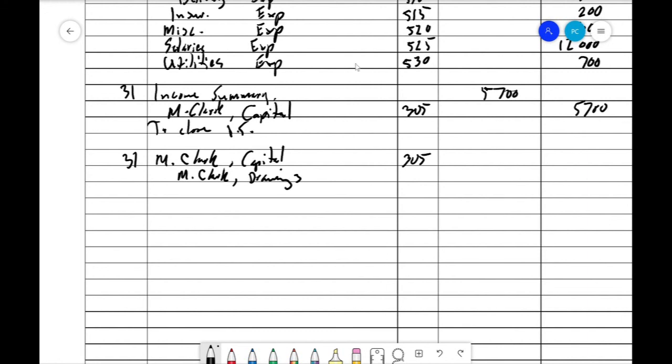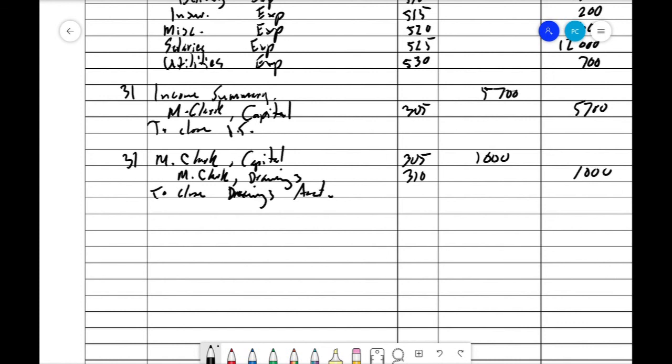Okay, and it's 310. So we have $1,000 in drawings, so that's to close drawings. Perfect. So there, that is all there is to it.